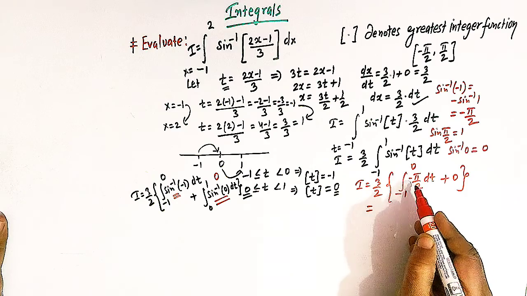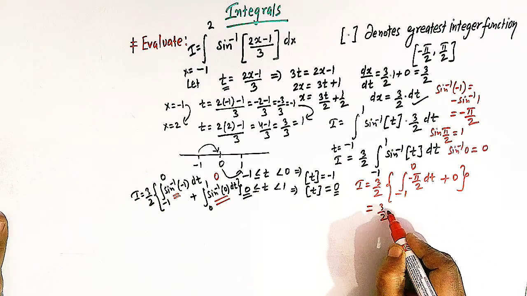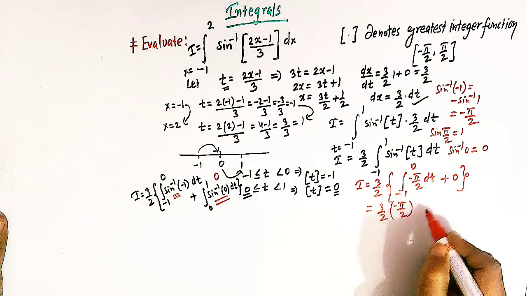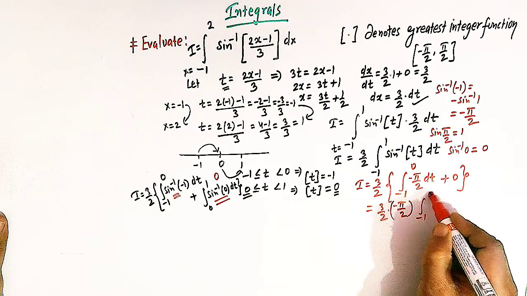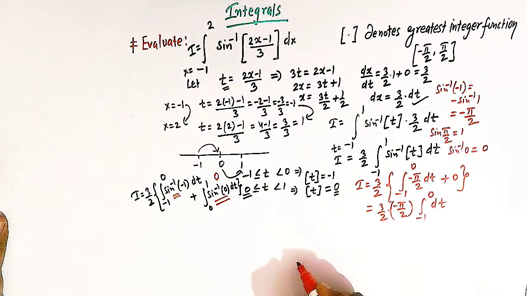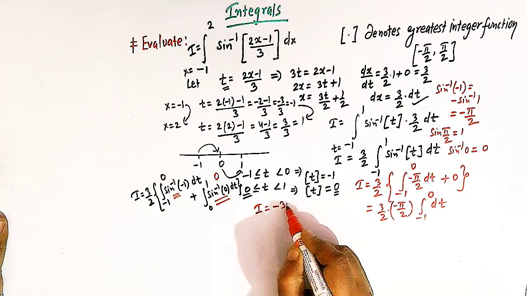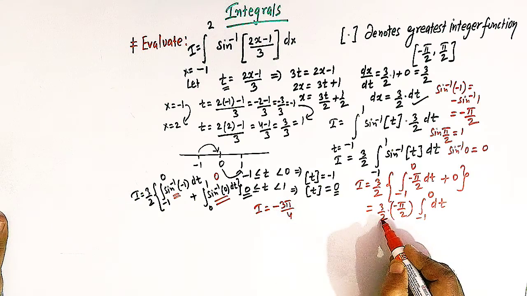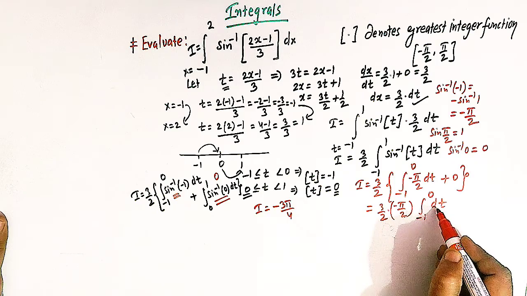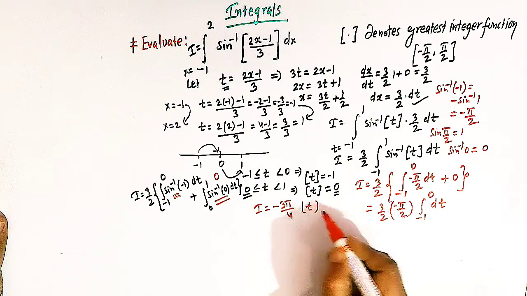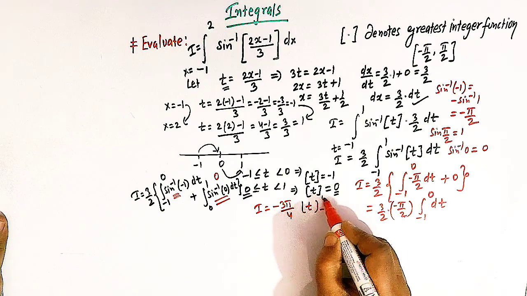So now we have 3/2 times minus pi by 2 times the integral from -1 to 0 of dt. Multiplying these two quantities, I is equal to minus 3 pi by 4 times the integral of dt, which is simply t, with limits from -1 to 0.